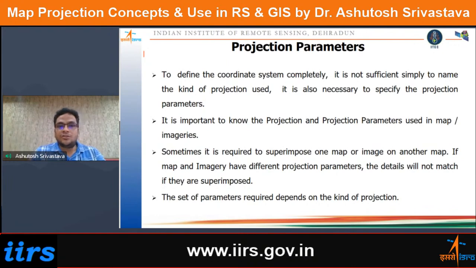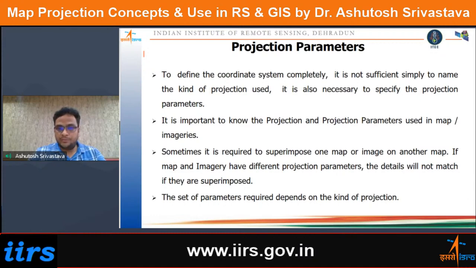Similarly, to define the coordinate system completely, it is not sufficient simply to name the kind of projection used. It is also necessary to specify the projection parameters, like where the central meridian is, where the standard parallel is. Which datum, which projection we are in, everything we have to define.